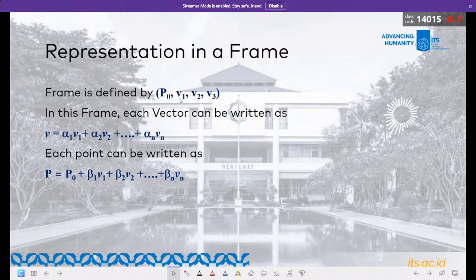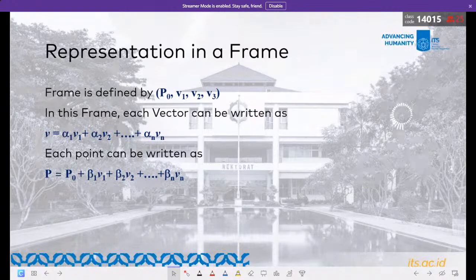The frame is defined by P0, v1, v2, v3. So we have an origin and we have some bases, v1, v2, v3. And in this frame, any vector in the vector space can be written as v equal to, this is the equation that we already learned from the previous slides.